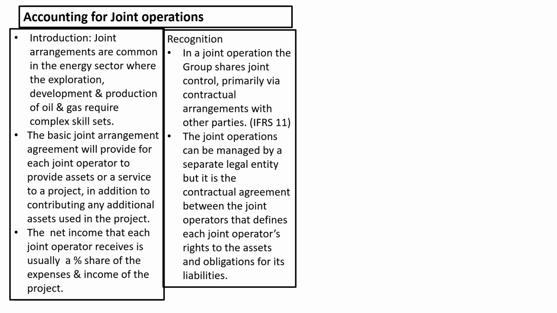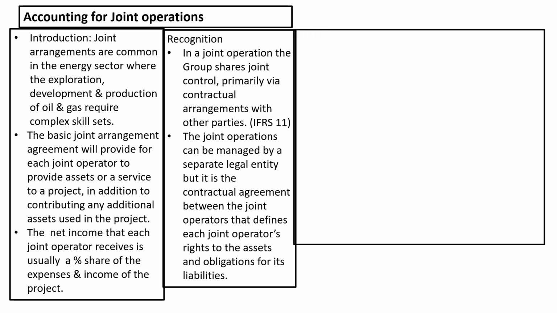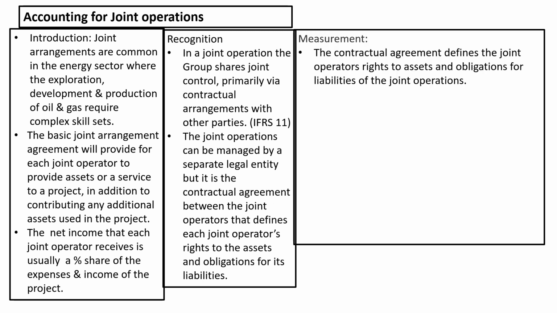The joint operations can be managed separately by legal entity, but it is the contractual agreement between the joint operators that defines each joint operator's rights to the assets and obligations for its liabilities. Measurement. As we said earlier, the contractual agreement defines the joint operator's right to the assets and obligations for the liabilities of the joint operations.